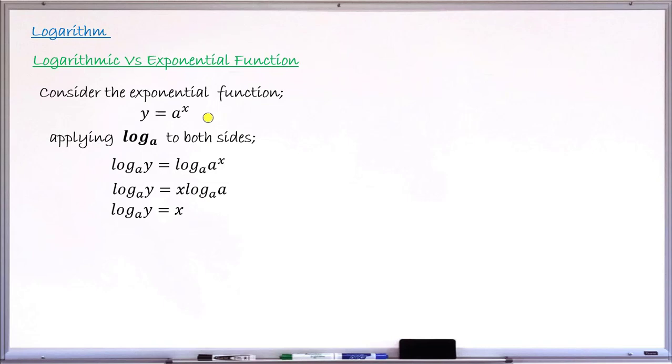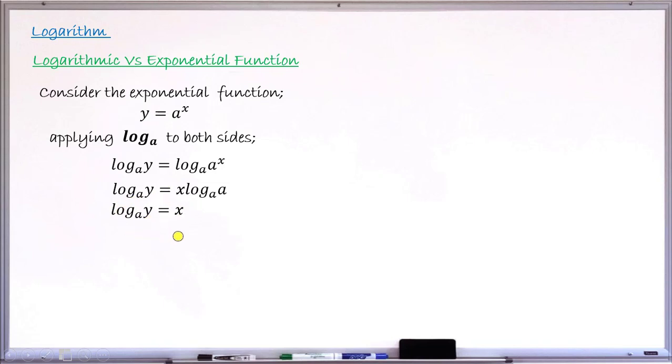So if you have y equals a raised to the power of x, now converted to a logarithmic equation, you now have log to base a of y equals x. Just look at the variables there, y, a, and x, and look at how they appear in this logarithmic equation.